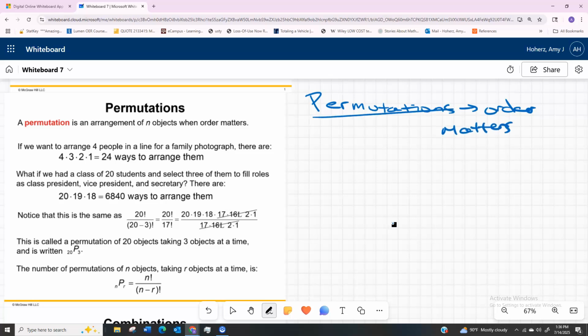And with combinations, the order does not matter.